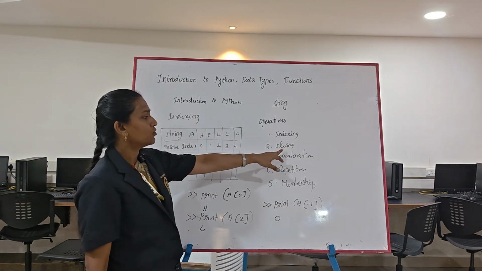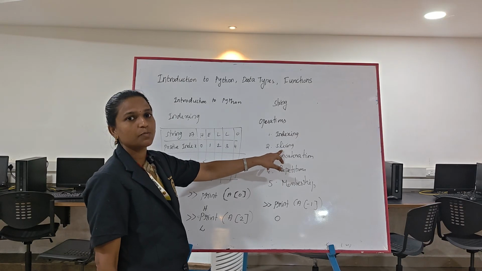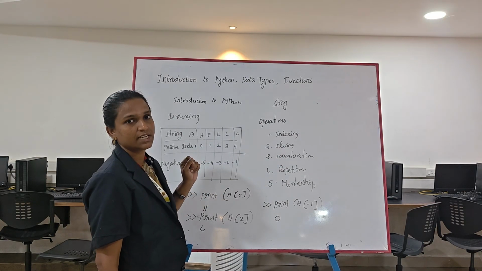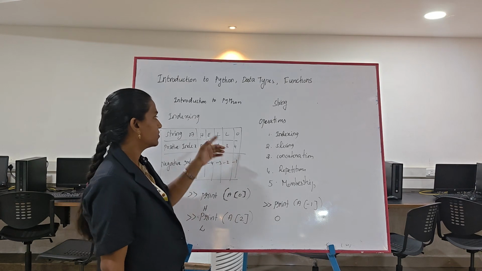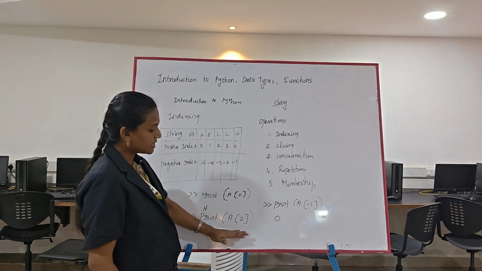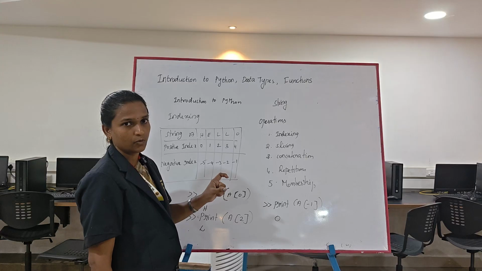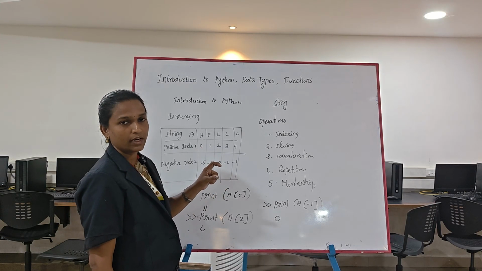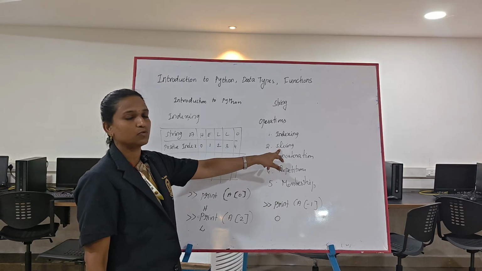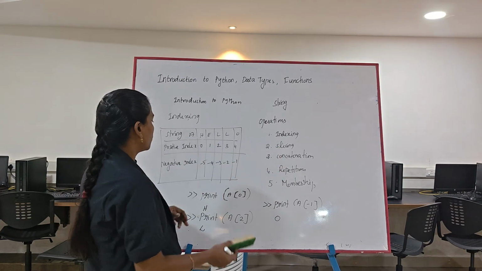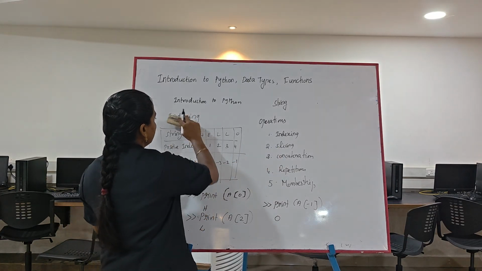Next, we are going to see slicing. Slicing means part of the string, otherwise called a segment of the string. With indexing we access only a particular character, but if you want to get a group of characters, we use slicing.